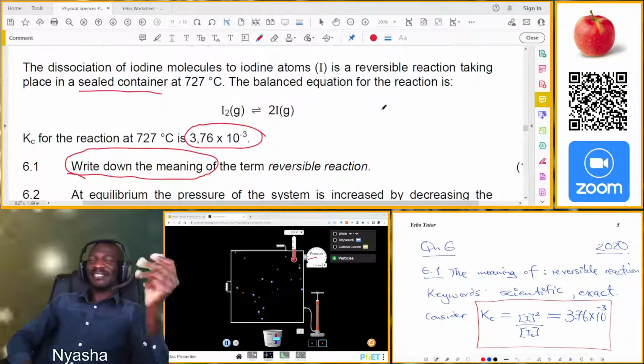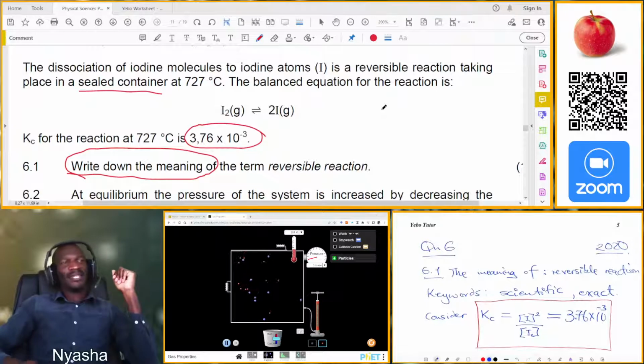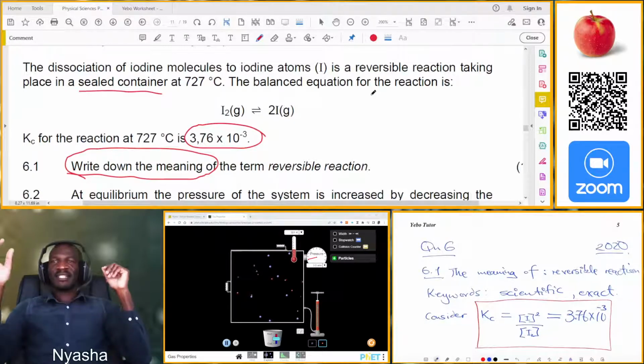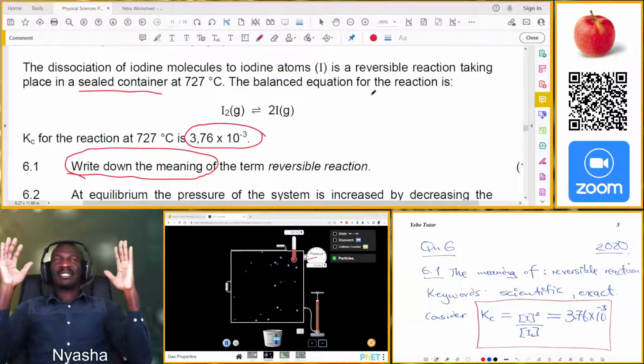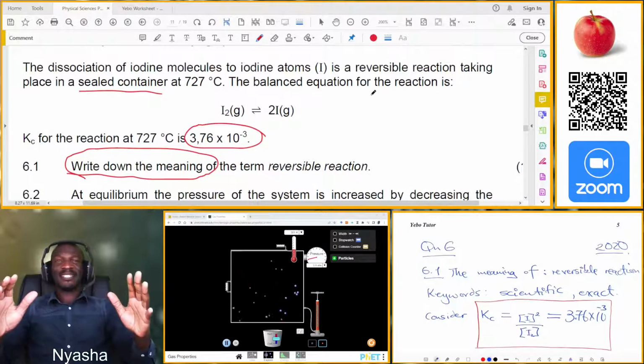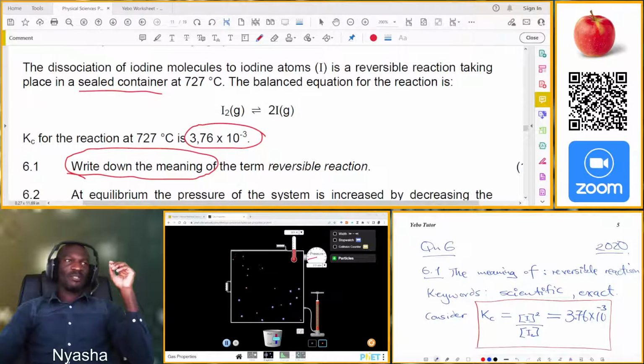Now we've just increased the pressure of this system. But how did we increase the pressure? By reducing the volume. We've reduced the occupied volume.